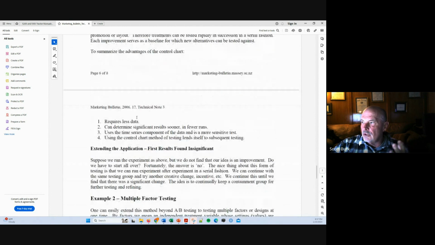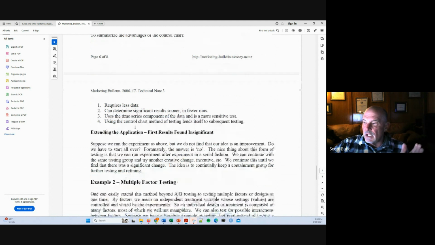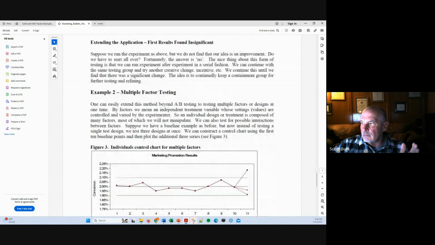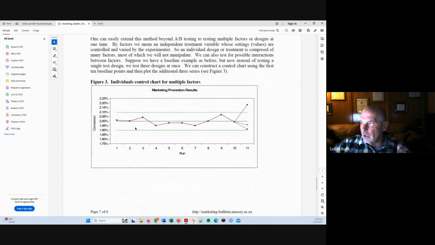And here are some advantages: it requires less data, you can find it faster, it uses a time series component, so you're using the historical past of the data, not just the most recent result. So it's more sensitive, and you can use this for subsequent testing. Those are some of the pluses.